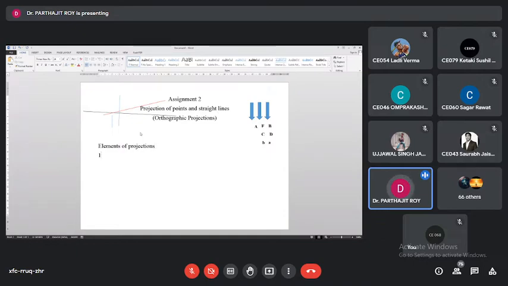If you start this list, first is the plane of projections. Here we have two types of planes. One is the horizontal plane, another is the vertical plane. We'll discuss one by one. What is a horizontal plane? What is a vertical plane?